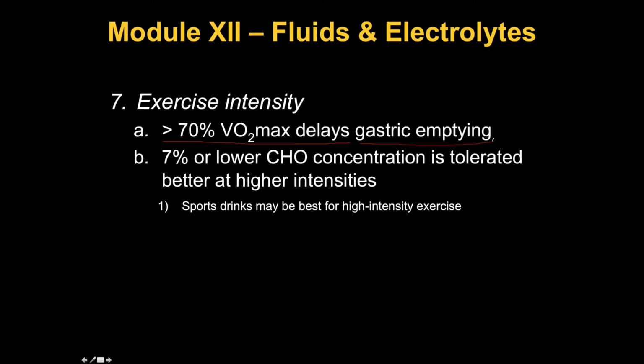And if you're trying to push more blood to the muscle, there's not enough to go around and split between the gastrointestinal tract and muscle tissue. So you start diverting blood away from the gastrointestinal tract at higher intensities, and therefore that's going to slow down the rate of gastric emptying simply because you can't deliver the necessary blood flow to the GI tract at these high intensities to transport the nutrients that are being absorbed.